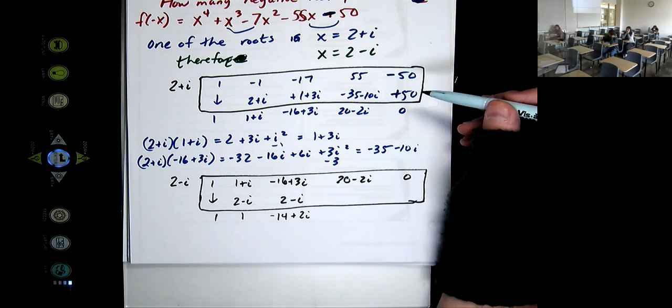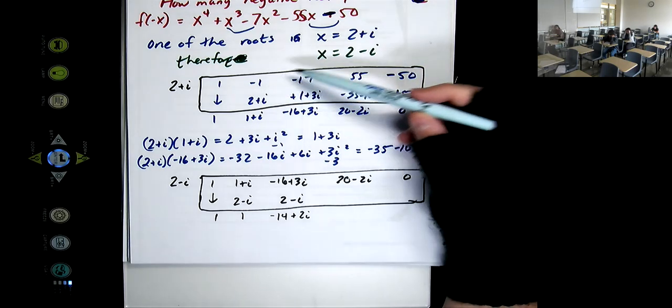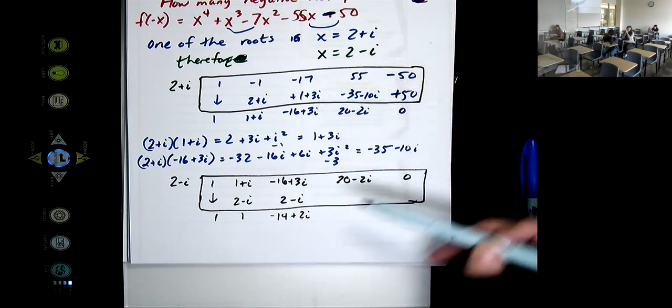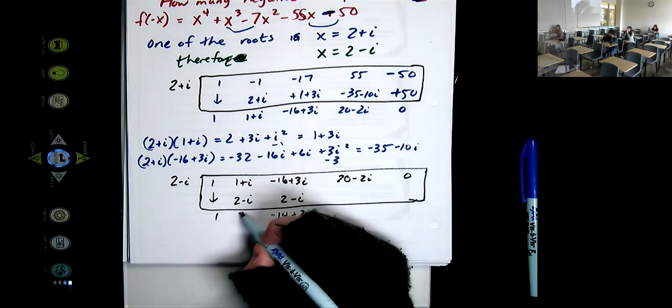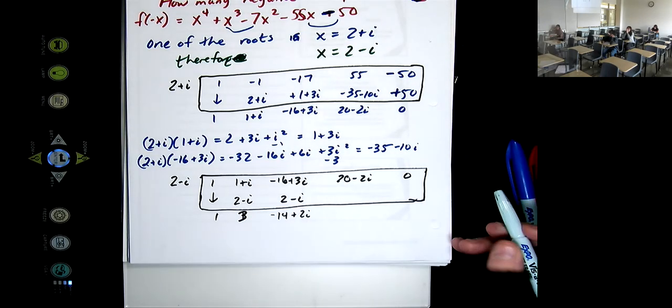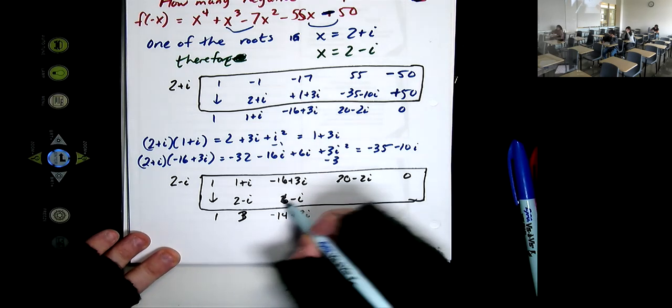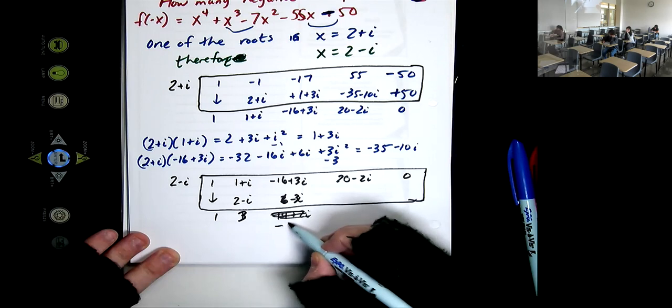x to the fourth minus x cubed minus 17x squared plus 55x minus 50. 1, negative 1, negative 17, 55, negative 50. Those are all correct. Bring down the 1, multiply, add up. That's a 3. That's the problem. That makes this 6 minus 3i. There we go. Add those up, I get negative 10.